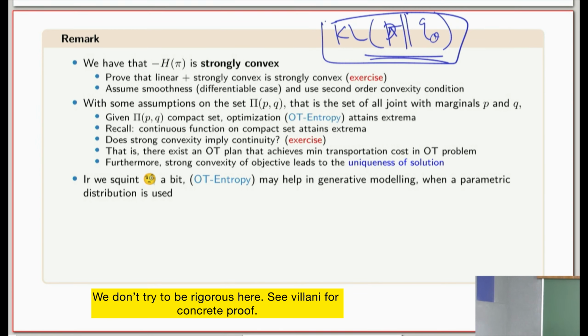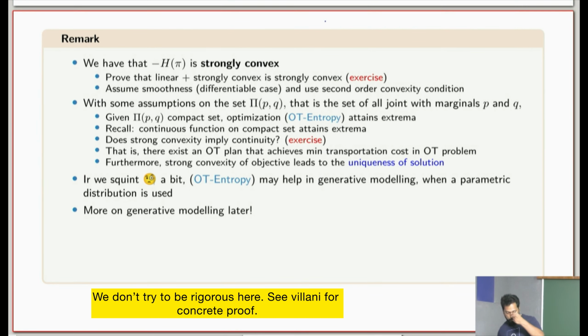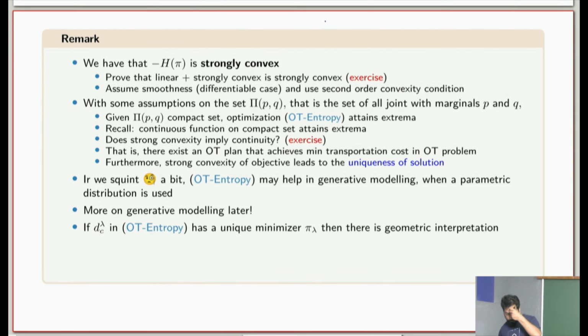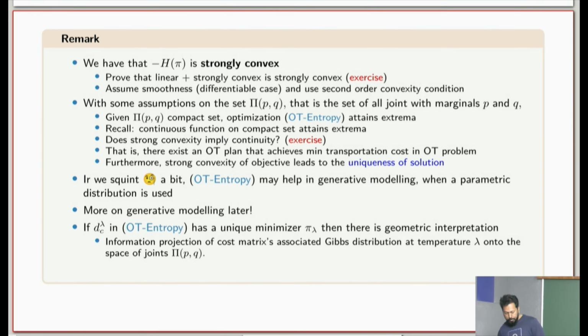But right now let us keep our thought process with the optimization problem. So it may be used as a generative model. We will outline the things, more on this later. There is a geometric interpretation, and it is quite evident because we are taking a dot product in some sense.